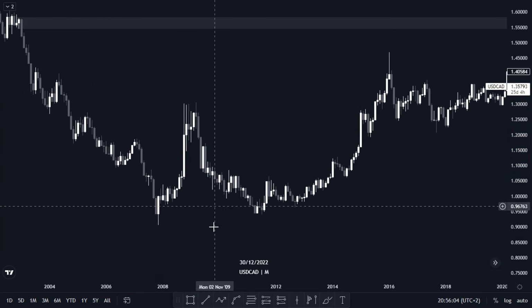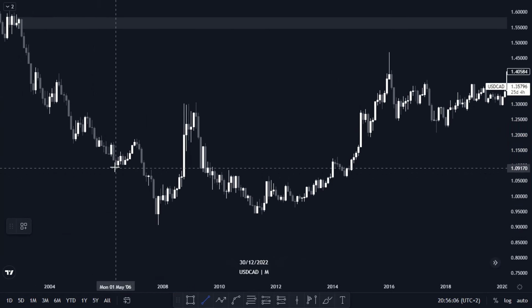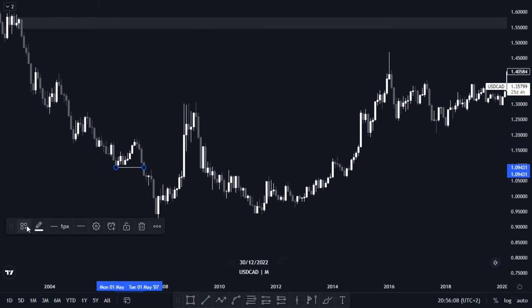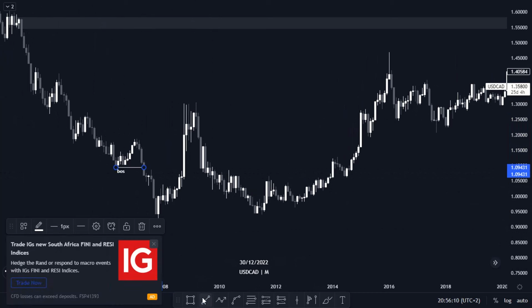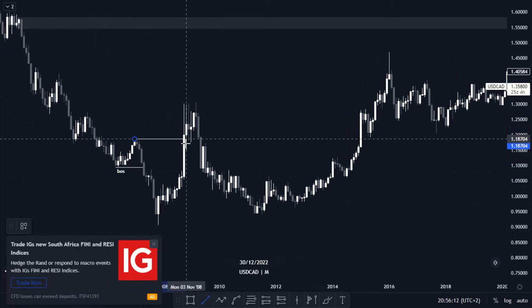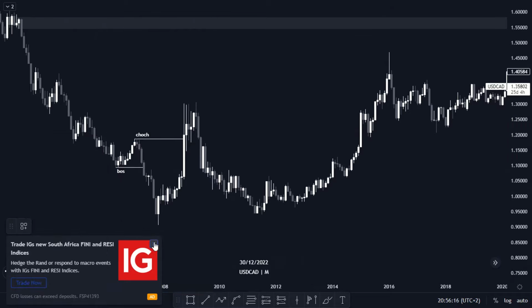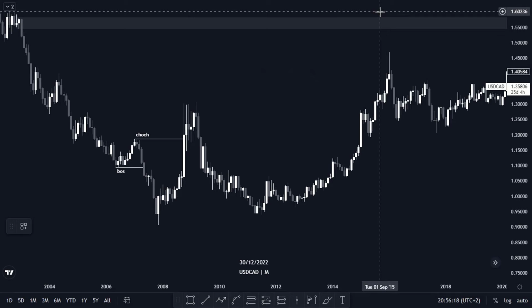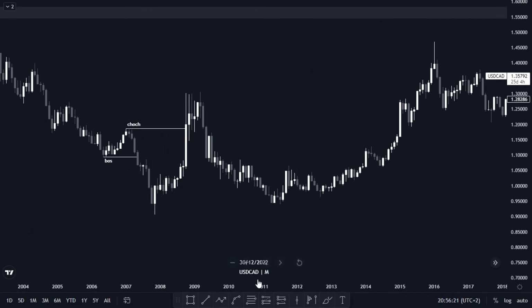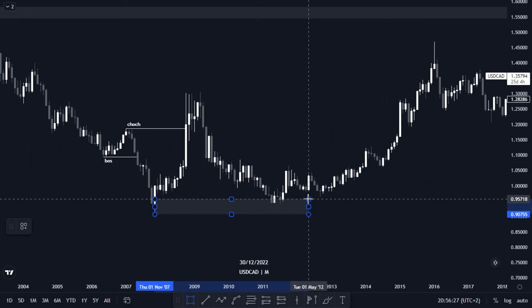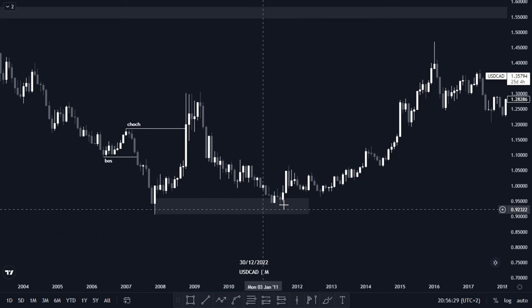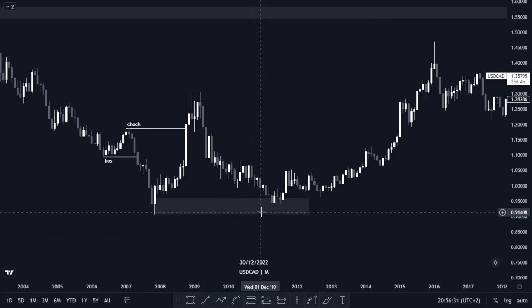So we can see here we have this beautiful break of structure, and this beautiful change of character here. Price respected this low here, and there could be an order block here.